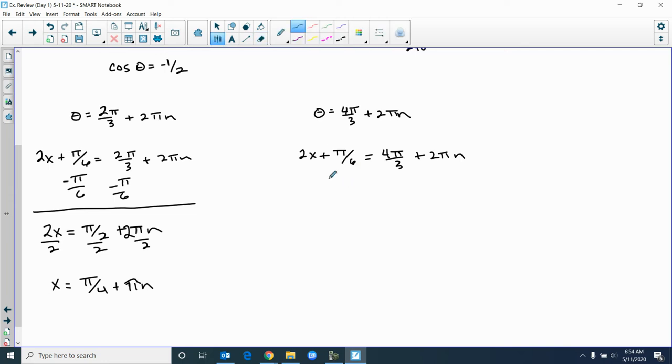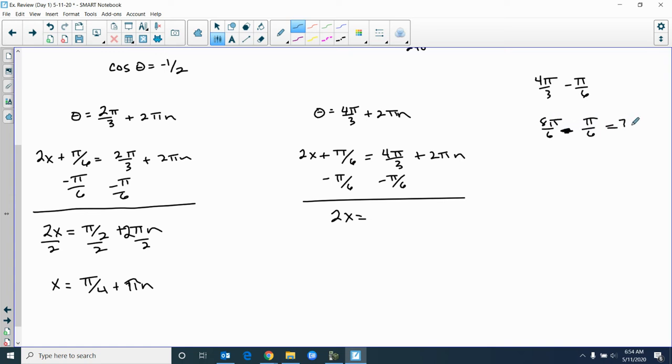Same thing over here, minus pi over 6, minus pi over 6. And then that gives me 2x equals, what's 4 pi over 3 minus pi over 6, which would be 8 pi over 6 minus pi over 6, which is 7 pi over 6, plus 2 pi n.